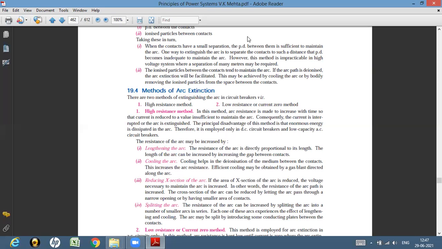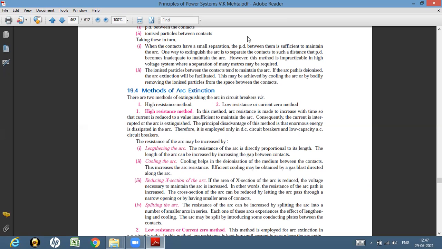By adopting one of these four ways, you can increase the resistance of the arc, and when there is an increase in the resistance of the arc, your arc will be extinguished within the minimum possible shortest time. So this is the second method by virtue of which you can increase the resistance of the arc.